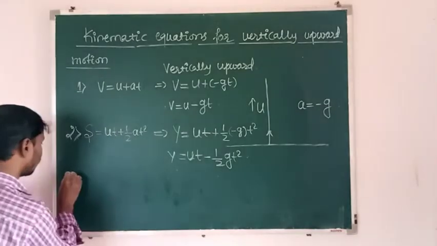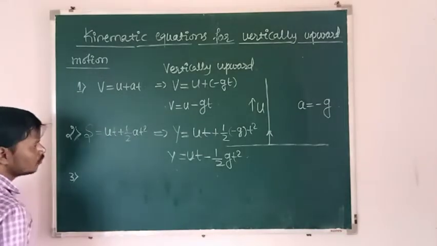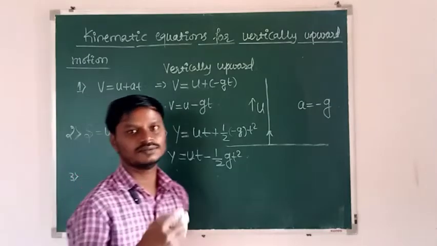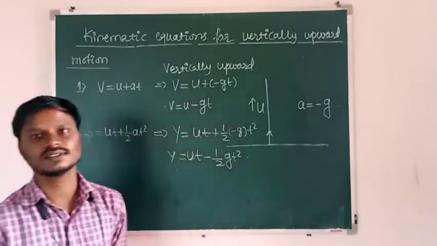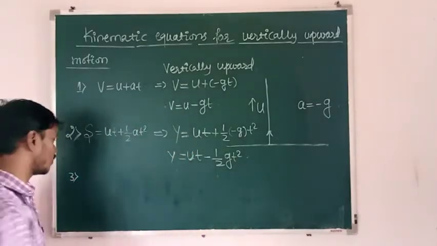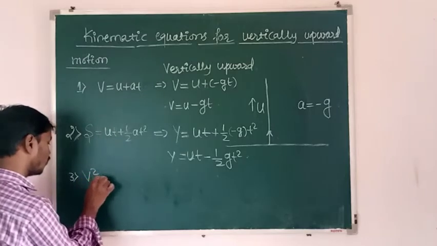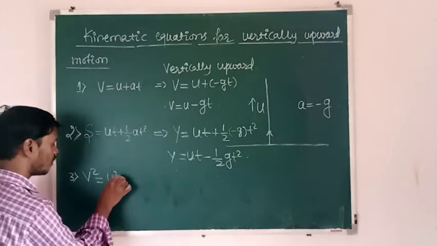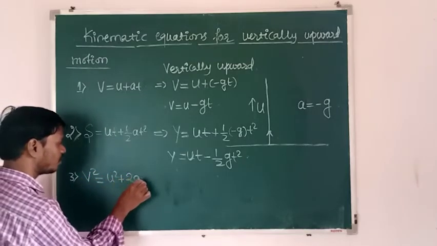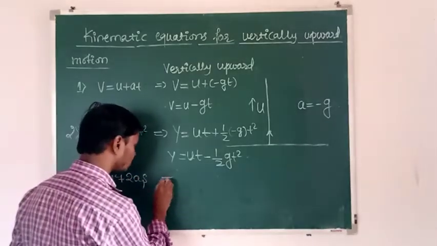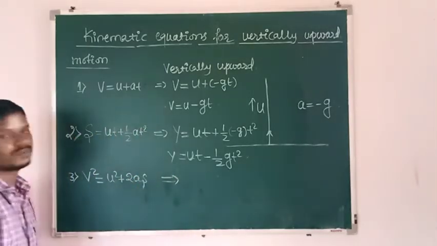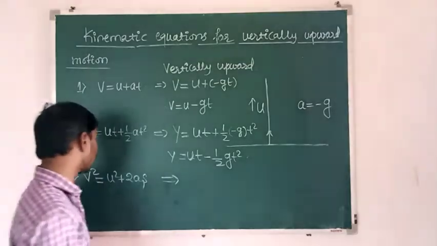Then next, number 3. What is the third equation? V square is equal to U square plus 2 into A into S. But in the vertically upward motion, what about the kinematic equation?